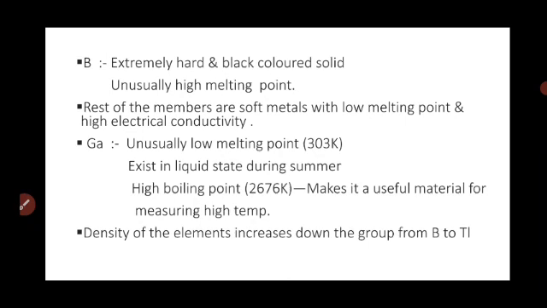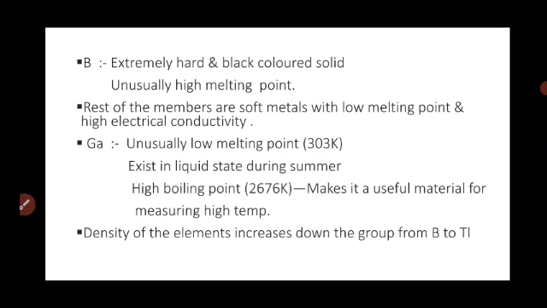Means very little heat is sufficient to convert it into liquid form, right? And that's why in the summer season, in this hot season, gallium exists in liquid state. Though it is a metal, it occurs in liquid state, right?